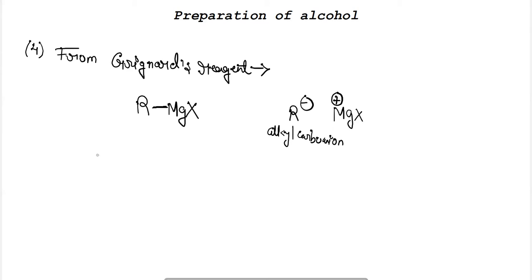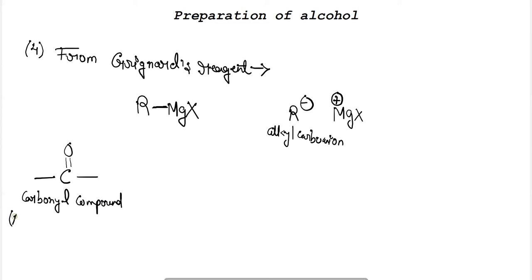Now what happens in the reaction here? If I am taking a carbonyl compound, the carbonyl compound will be C double bond O with two bonds open for it. So these are the carbonyl compounds in which a carbon is attached to the oxygen with a double bond.